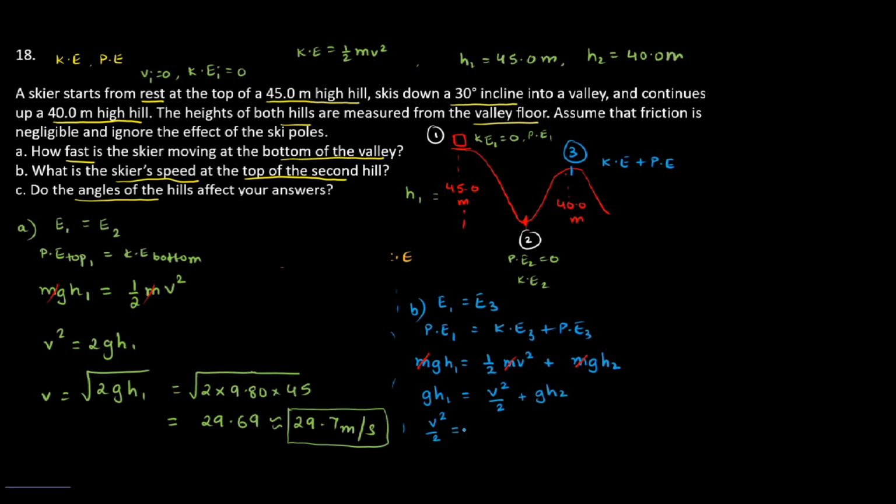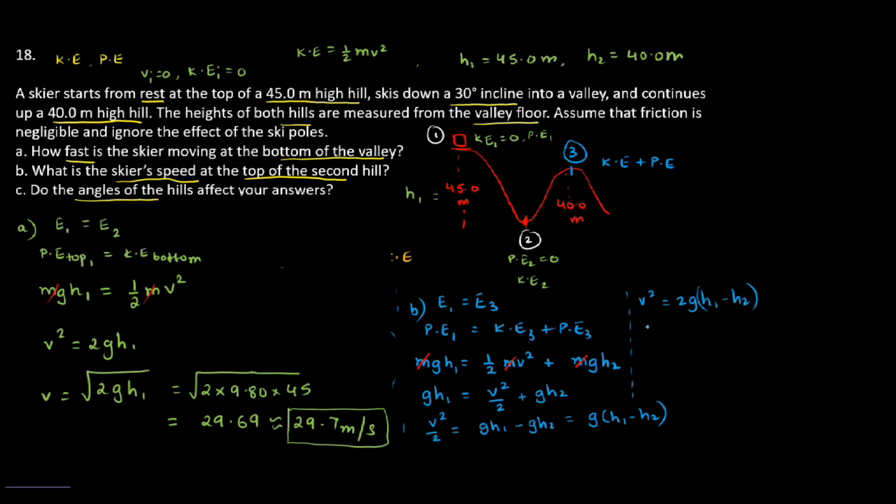So v squared by 2 will be gh1 minus gh2, which I can write by taking g common: g(h1 minus h2). To find v, I'm going to multiply by 2 on both sides to get rid of the 2 at the bottom. So you get v squared equals 2g(h1 minus h2).